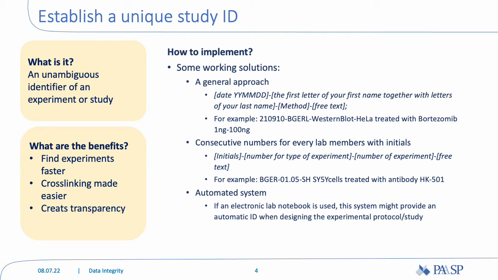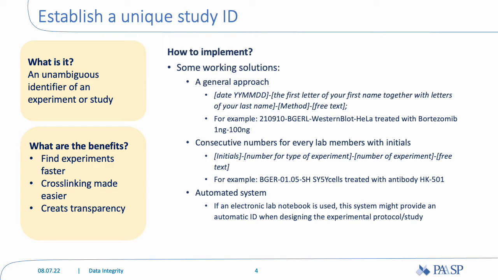If you are using an automated system, like an electronic lab notebook, then this system might already provide an automatic identifier when designing the experiment or the study. And this can of course also be used to link the experiment throughout the lab.